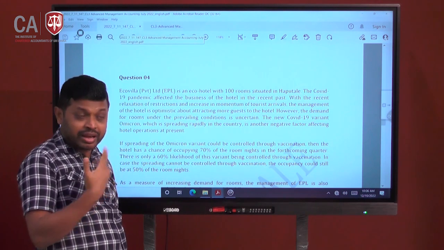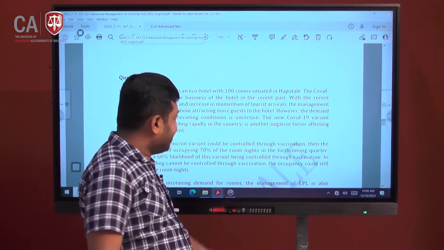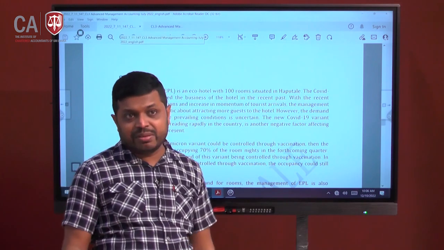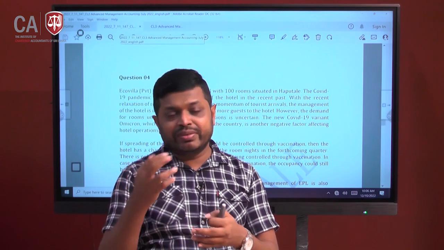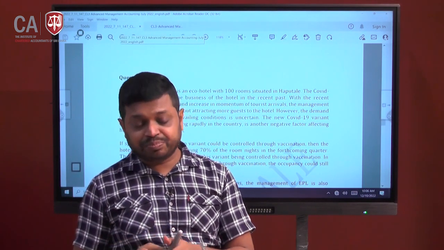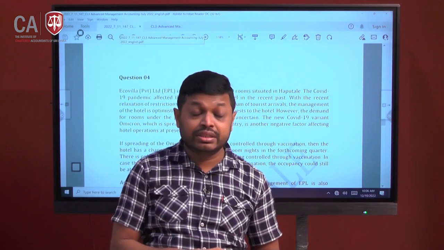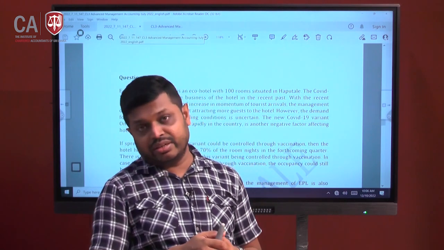Decision tree is a regularly tested area. It can be a decision tree question, otherwise it can be tested together with a project appraisal question, where some sensitivity analysis will be given under risk and uncertainty in decision making, right.